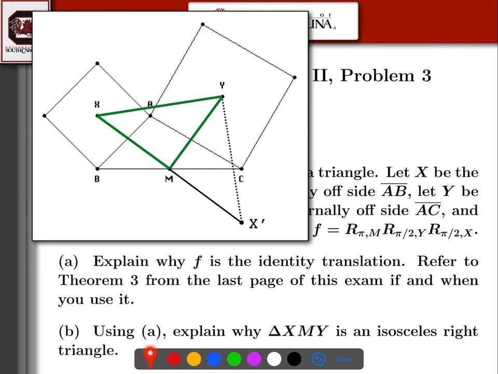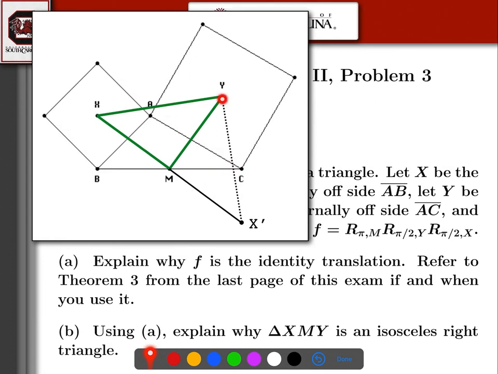So let's look at this triangle. This was a triangle we were interested in. We were trying to prove that this triangle is an isosceles right triangle. Well, notice that this triangle and this triangle are actually congruent. So this side and this side are the same.